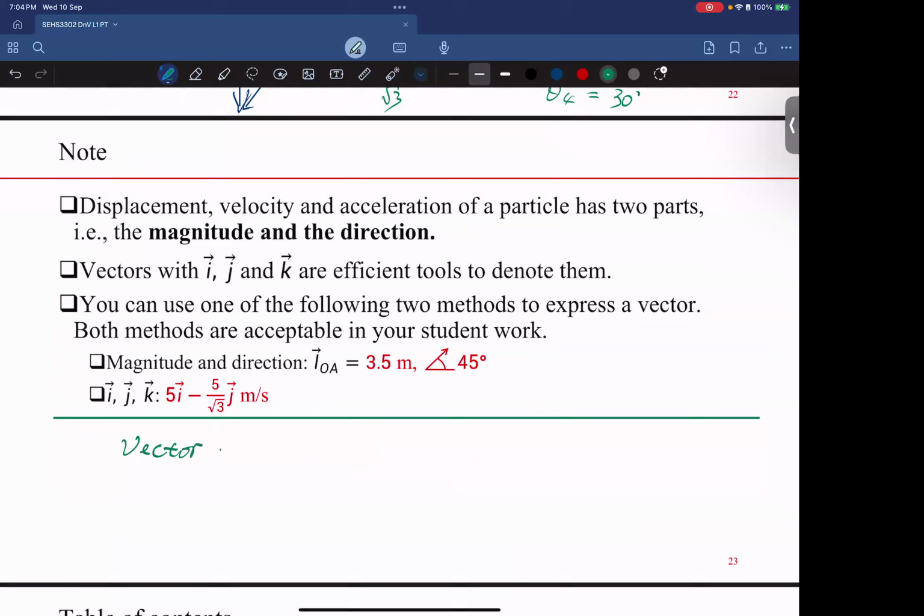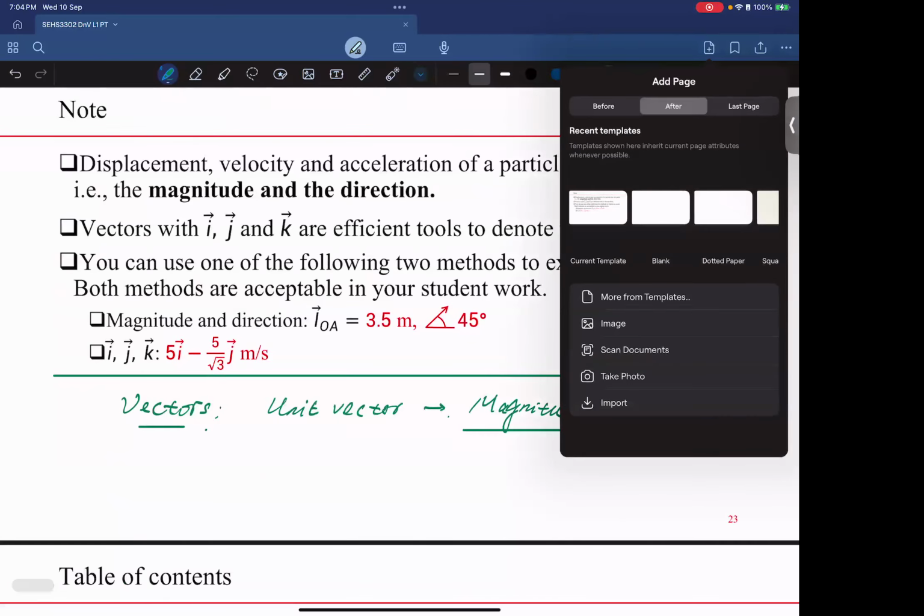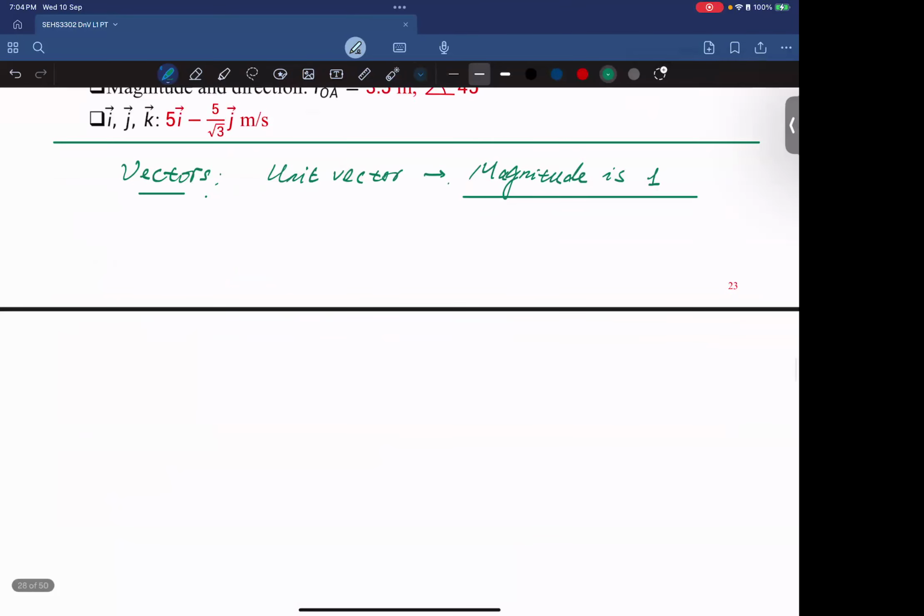So with vectors, firstly is the univector. Univector has only one property, which is the magnitude is 1. There's only one requirement for univector. So any vector, as long as the magnitude is 1, we can take it as a univector.